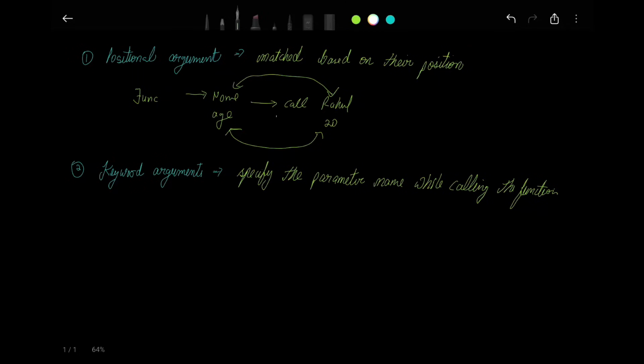For example, I say name equals Rahul and age equals 20. Python knows exactly where each value belongs because we mentioned the parameter names.